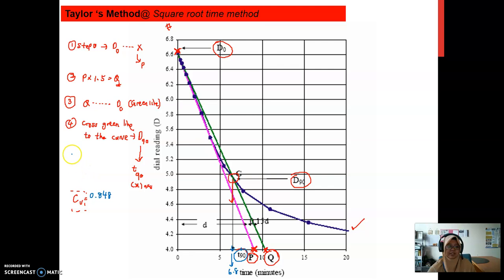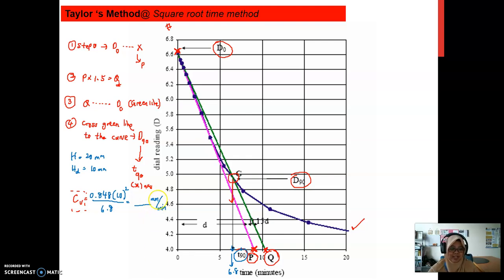Let's say the height of the sample is 20 millimeters. Therefore, the height of drainage is 10 millimeters, 20 divided by 2 because we have a double drainage. So 10 millimeters to the power of 2, substituted with the T90, which is 6.8 minutes. You can calculate and get C sub V in millimeters per minute.